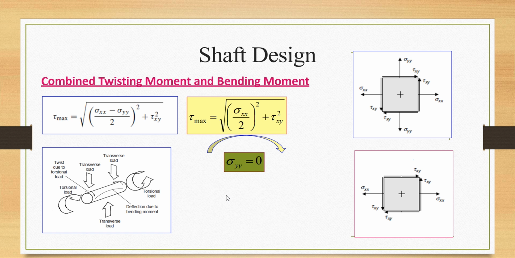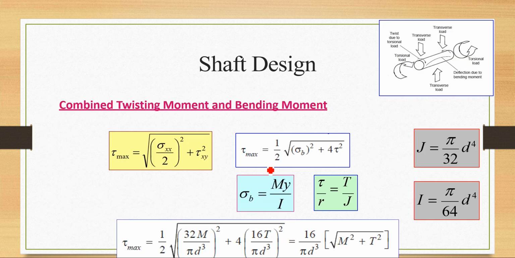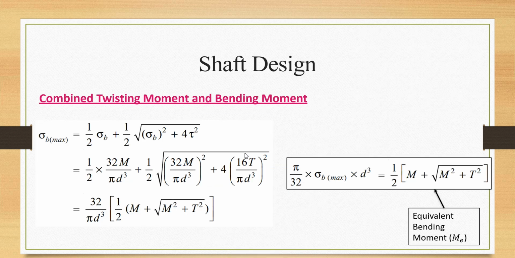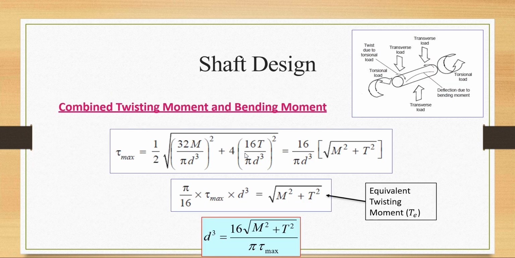The stress in the element cannot exceed the principal stress of this element. By using this relation, we end up with the design relation for shafts containing both torsion and bending load. Just to give an idea, the final relation is d equals the cube root of 16 times the square root of M squared plus T squared, divided by pi tau allowable.